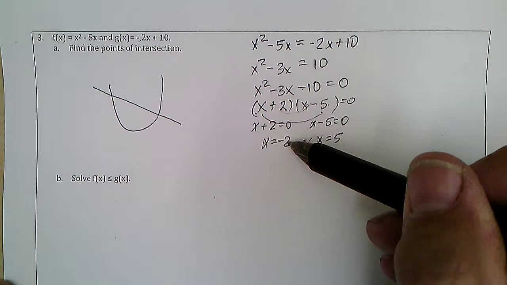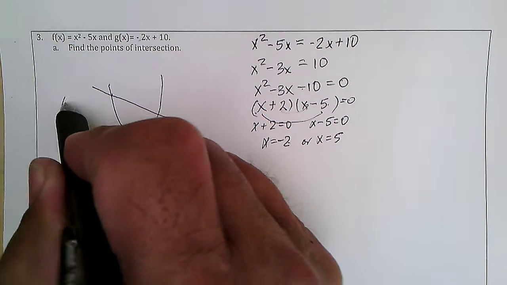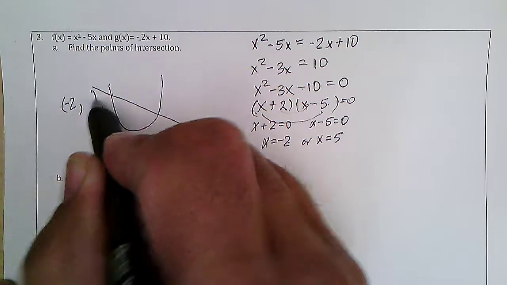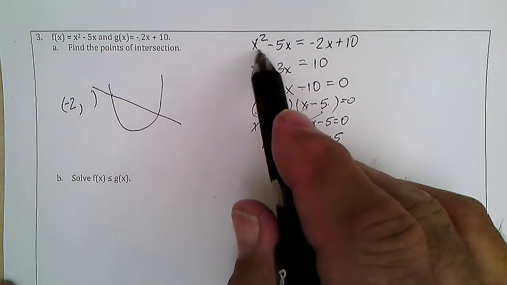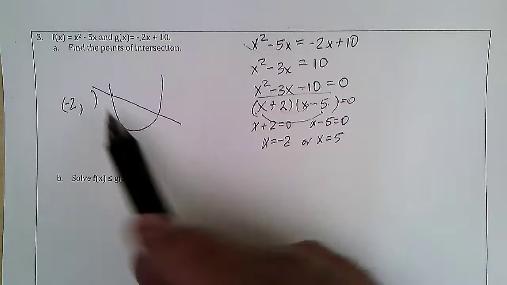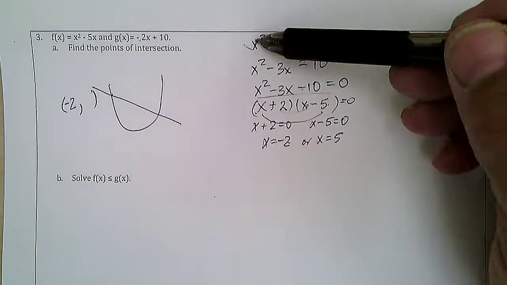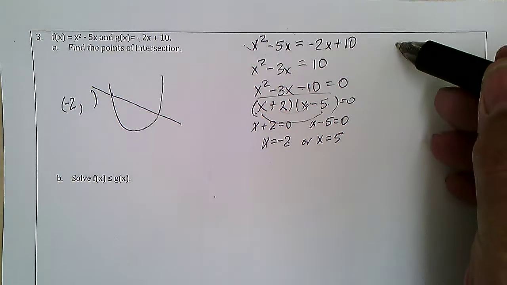And we got x equal -2, which should be this one over here, -2 something. Now, I know we set this equal to 0, but this was not the original equations. It was these. So to find out how high, we put -2 into here. So that would be -2 squared, or 4.